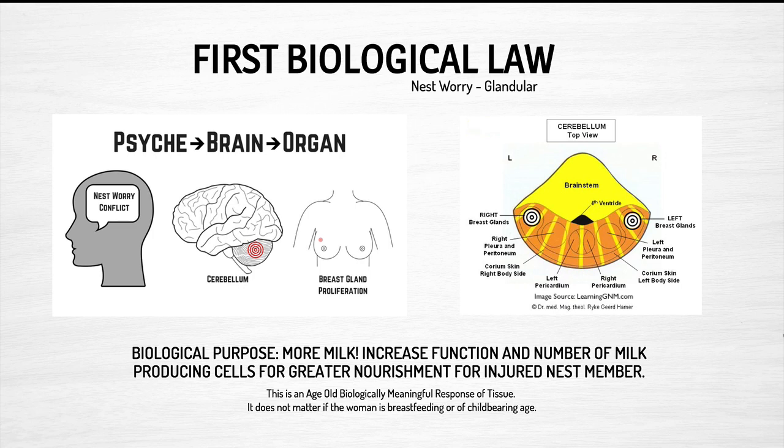But you have to remember, in the context where this process developed and evolved, it was extremely biologically important and meaningful, because a long, long time ago, when you had someone you cared about, someone in your pack, someone in your nest that was injured, and let's say they were bleeding, it would be very important for that person to have nourishment, to have hydration.